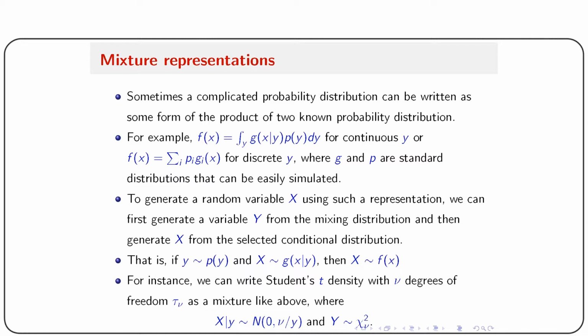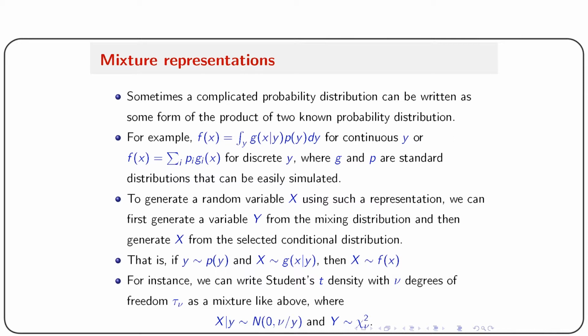So next we'll move to a mixture representation. As sometimes a complicated probability distribution can be written as some form of a product of two known probability distributions. For example, we can write f(x) equals the integral over y of g(x given y) times p(y) dy for continuous y, or f(x) equals the sum over i of p_i g_i(x) for discrete y, where g and p are standard distributions that can be easily simulated.